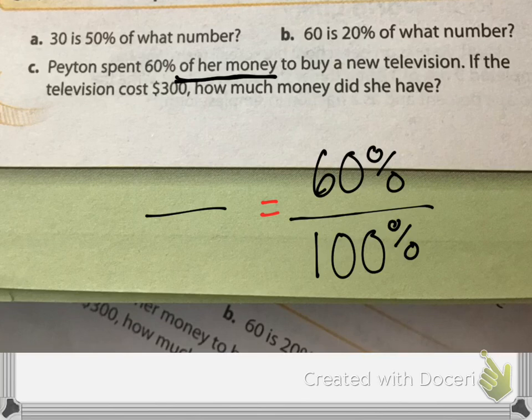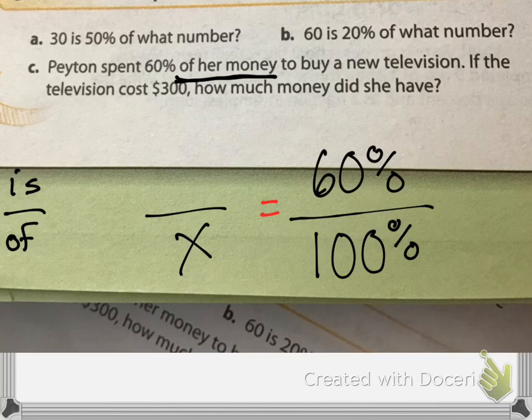So where does the x go? Top or bottom? It goes on the bottom because it's is over of.